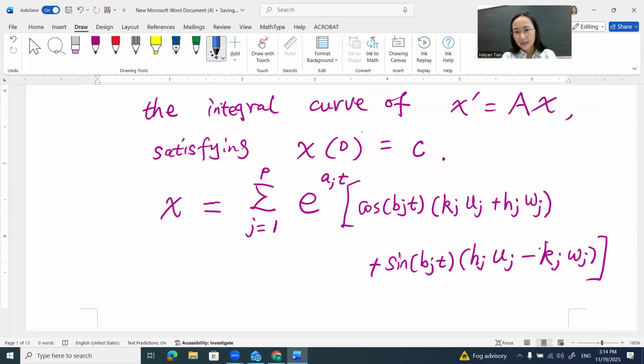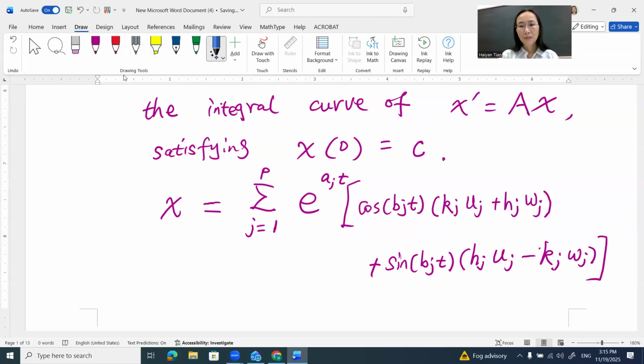So here, if we allow k_j, h_j to be arbitrary constants, they will satisfy the system. However, we want to require h_j, k_j, those constants, to be such that the initial condition is met. So how do we make that true?